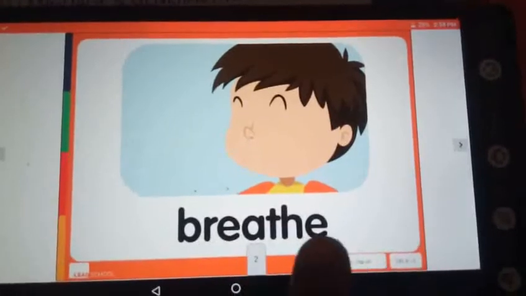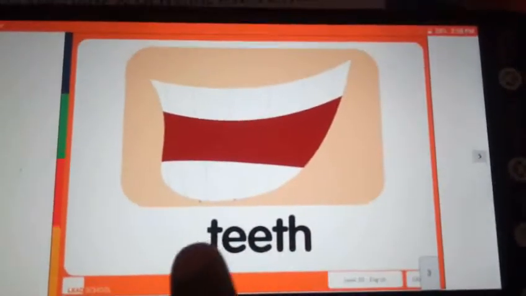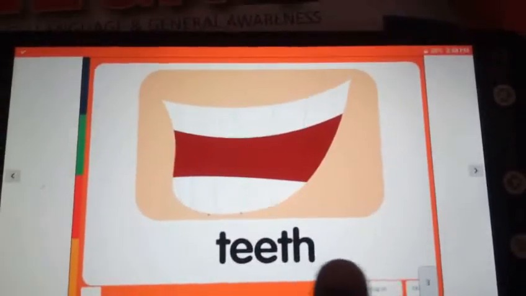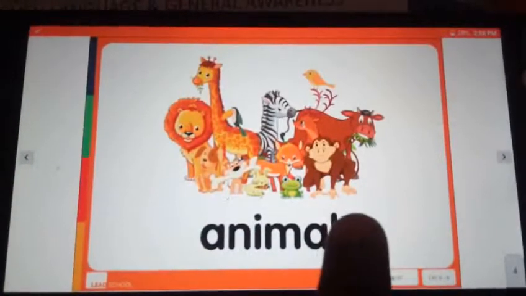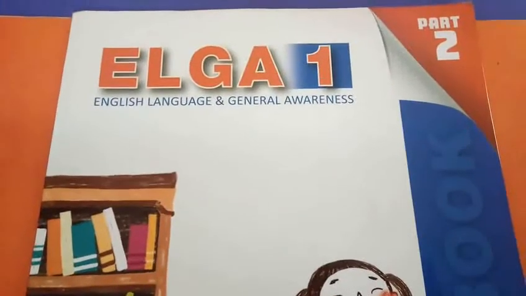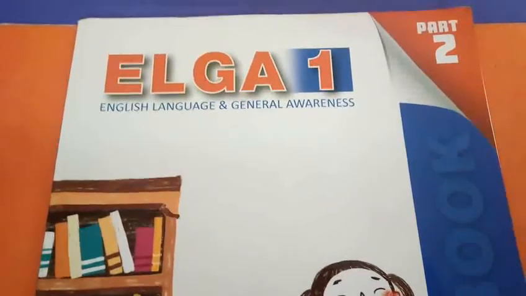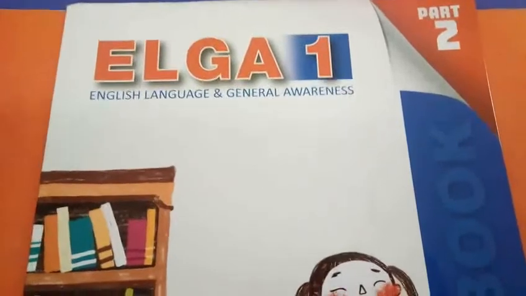Breathe, breathe, breathe. Teeth, teeth, teeth. Animals, animals, animals. Yeah, great, my dear children. We will practice using these words to complete sentences as we did in the last class.